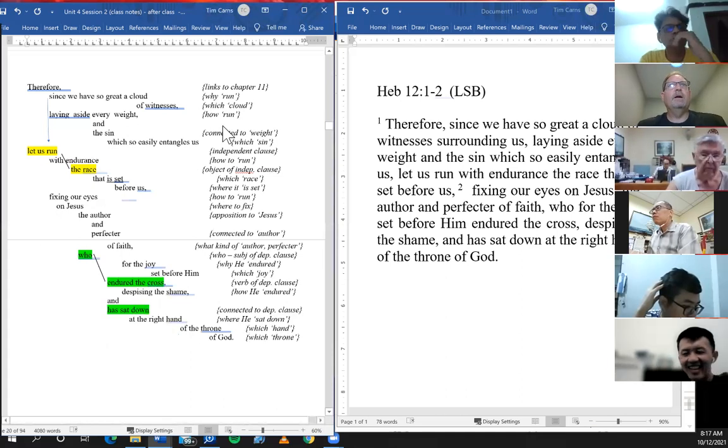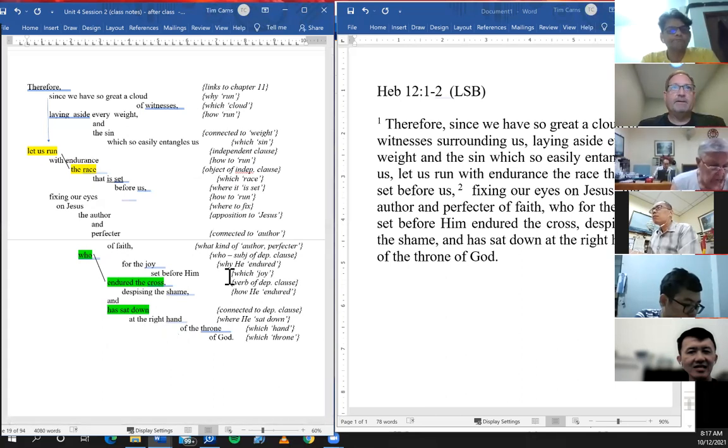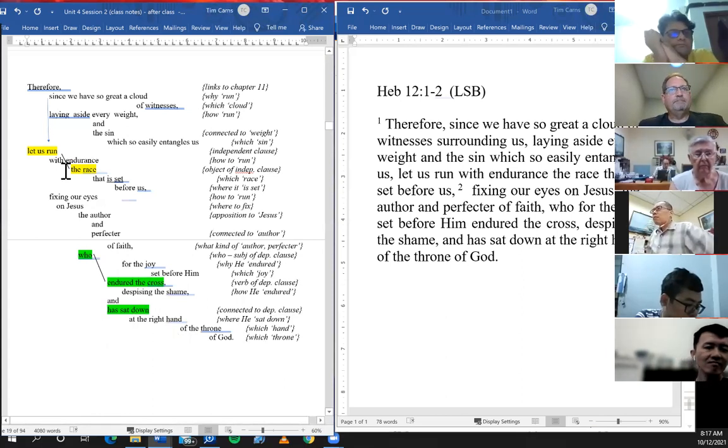All right, now I usually keep in parentheses or brackets these comments because that helps me to understand how each phrase or clause is modifying. Now, let's notice a couple things. How many points is the author making here?